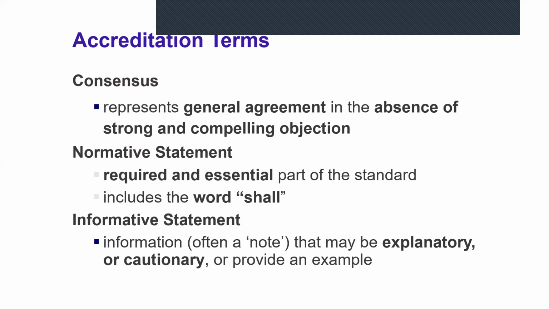So you can see how the different things form when you're doing this accreditation. So you want to have consensus so that something is not completely objected by somebody. And then when it's a norm, which is a little more stronger than other guidelines, you use the word shall, and it's required and it's essential.